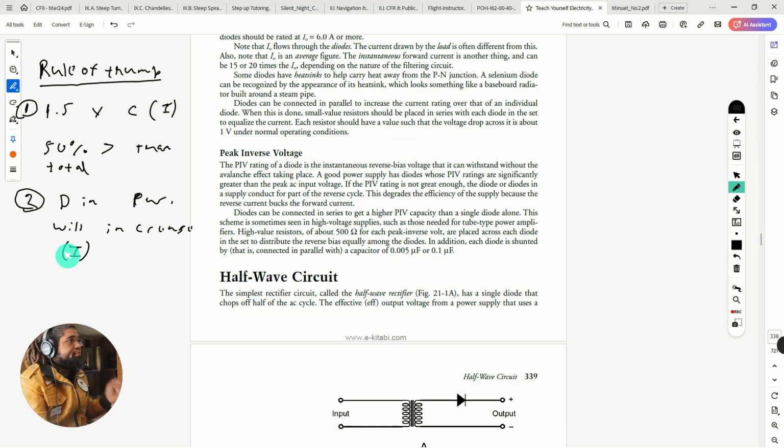Okay. And I'll put this in parentheses. D for diode. So a diode in parallel will increase current. Let's see if I can get this a little cleaner here.